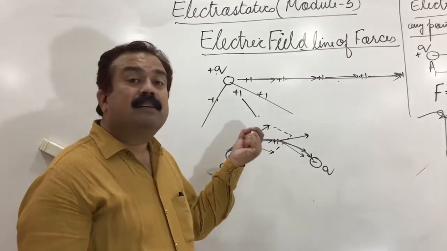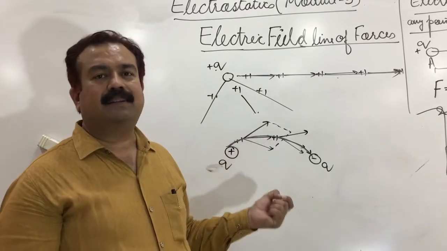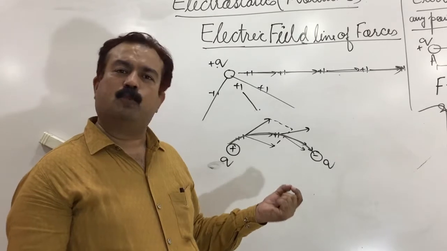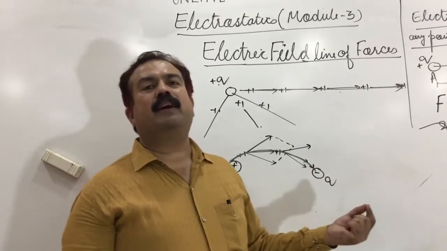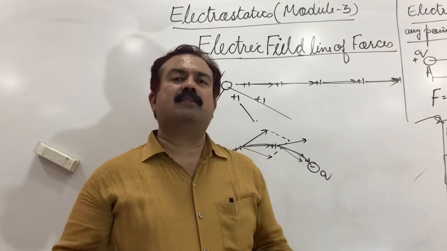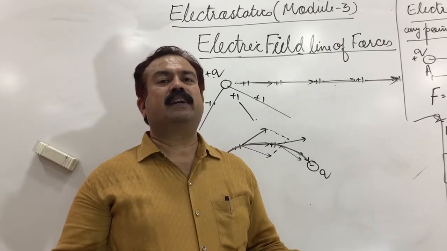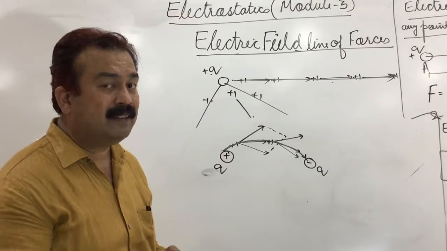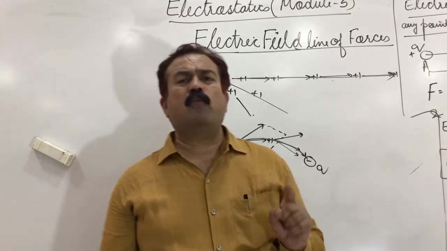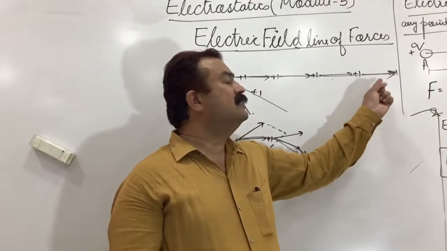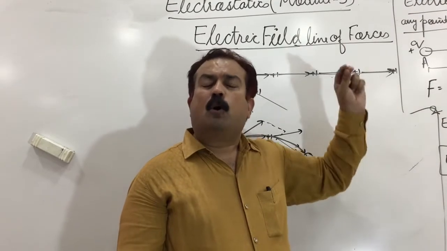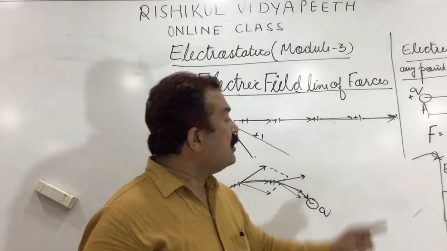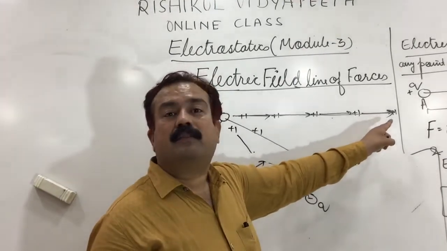Actually, it is the path traveled by the positive test charge under the influence of the electric field of the source charge. A simple definition which you can understand. Here, one thing you can remember is that conventionally, we consider the test charge as positive. So all concepts, all fundas are based on the test charge being positive.